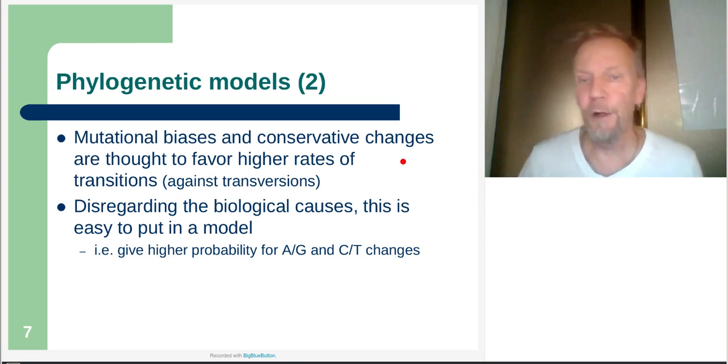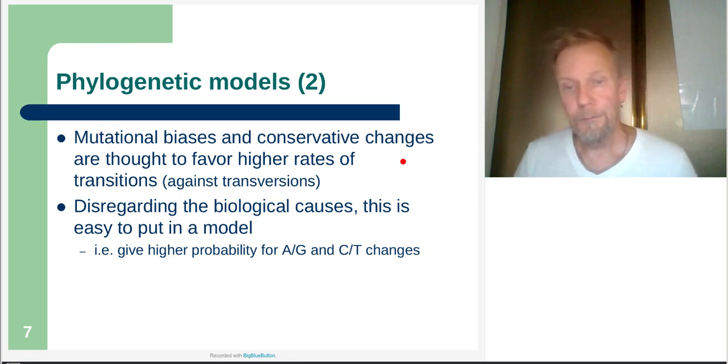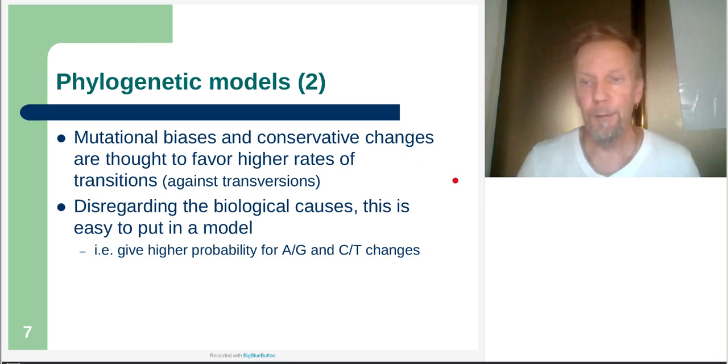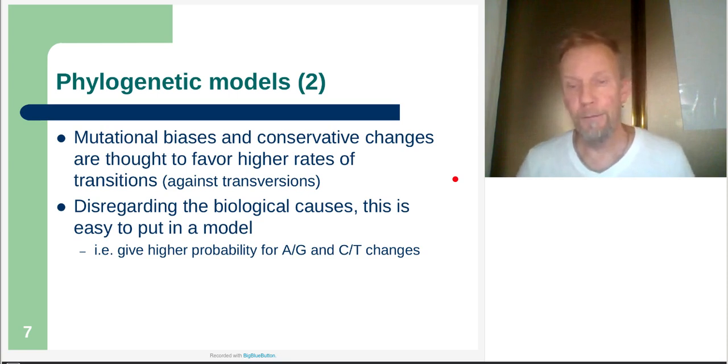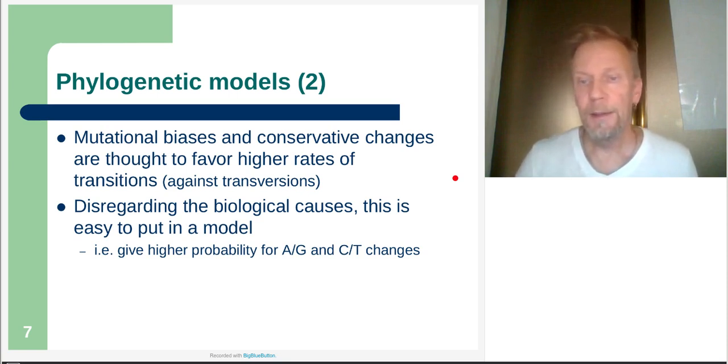Whereas in case of transitions, the small to small or large to large mistakes might be missed by the proofreading mechanisms more easily, and therefore more of them are created in the random process of DNA changes.